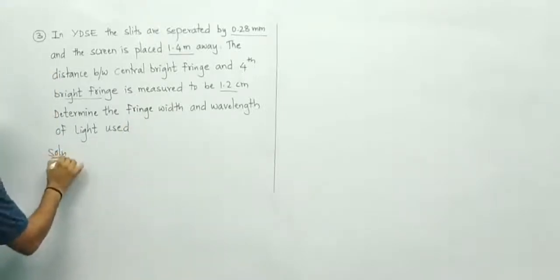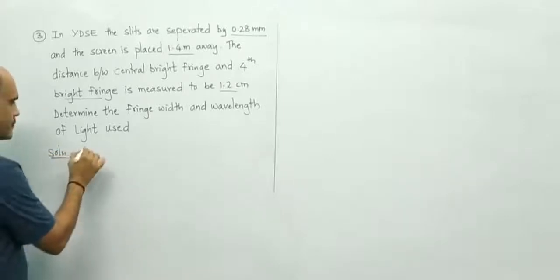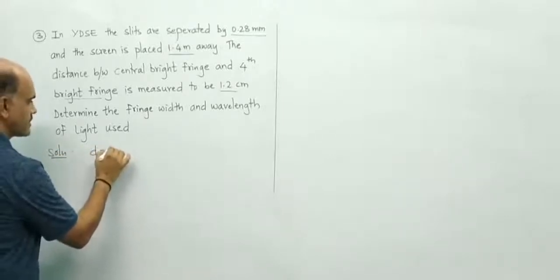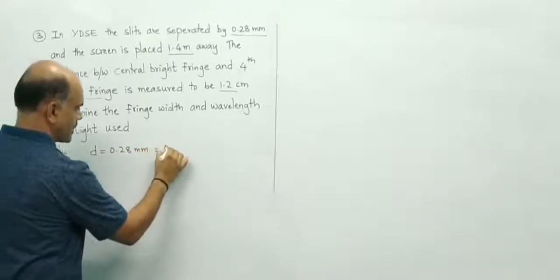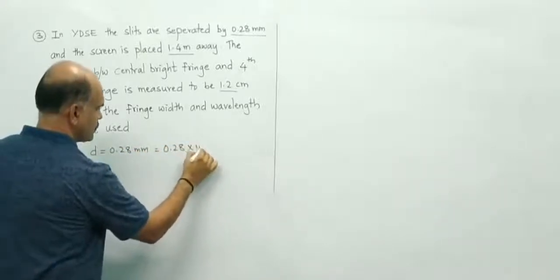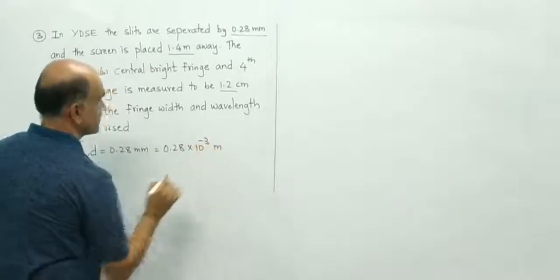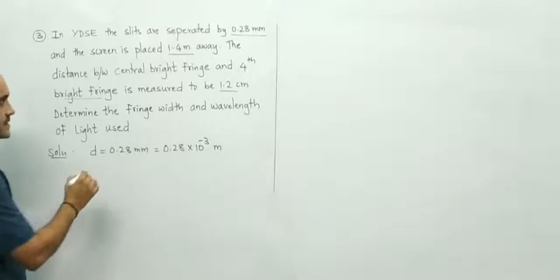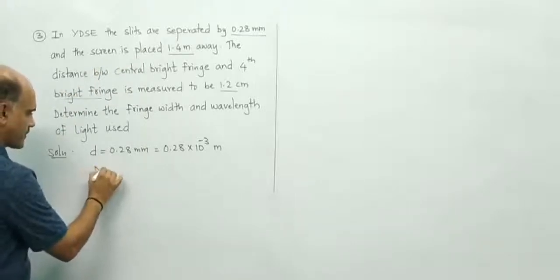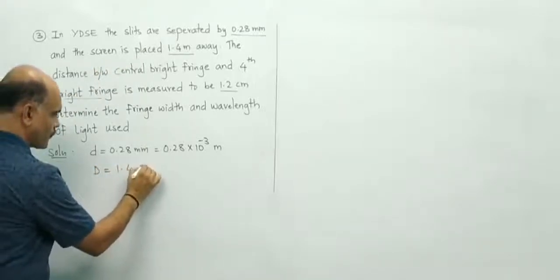First, if I write given things, small d is 0.28 mm, that is 0.28 into 10 raised to minus 3 meters. Screen is placed at a distance 1.4 meters, so capital D is equal to 1.4 meters.